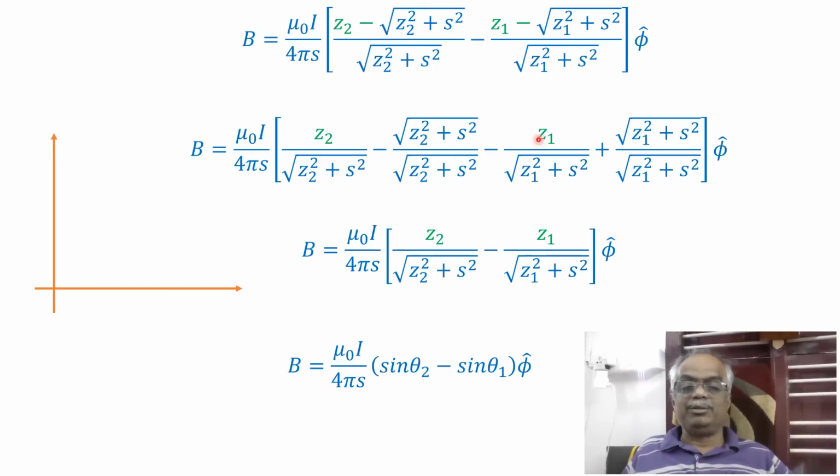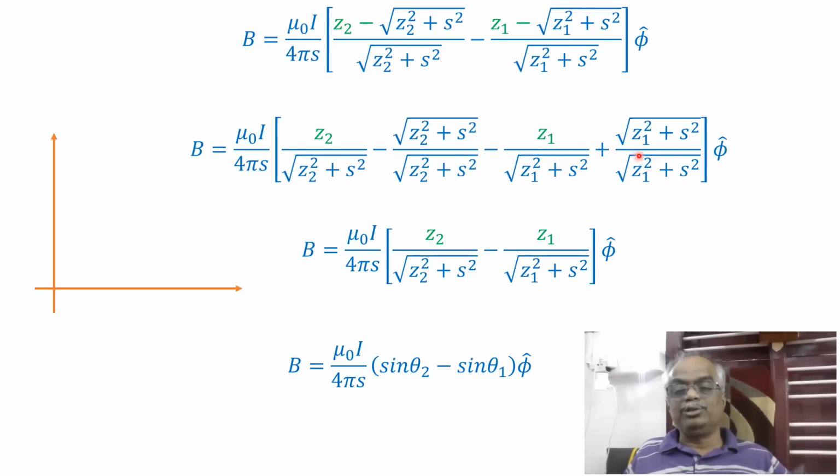Same thing with this. First you take Z1 in the denominator as it is. Then minus of minus will become plus. Then the second part, square root of Z1 square plus S square divided by square root of Z1 square plus S square. Now, this term you can see this is minus 1 because numerator and denominator are the same.